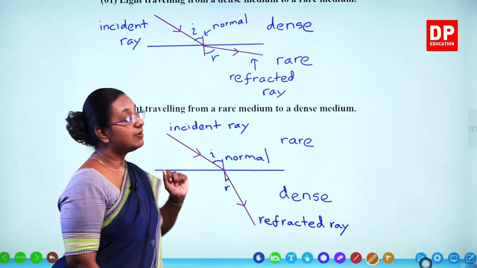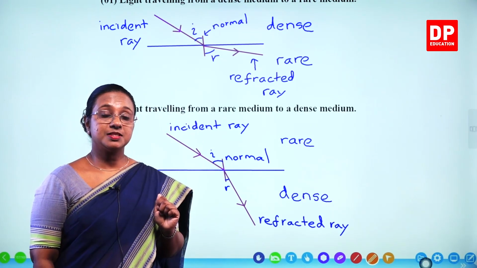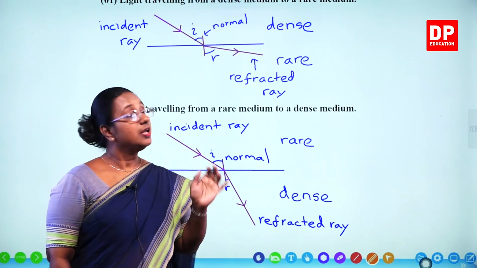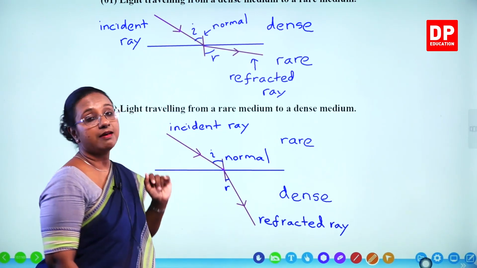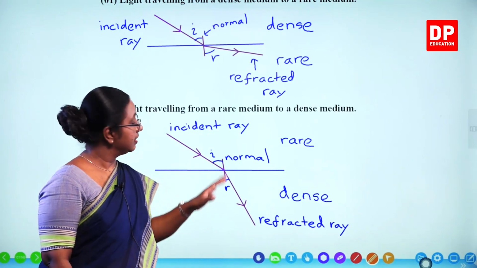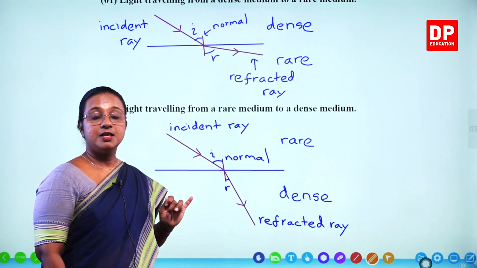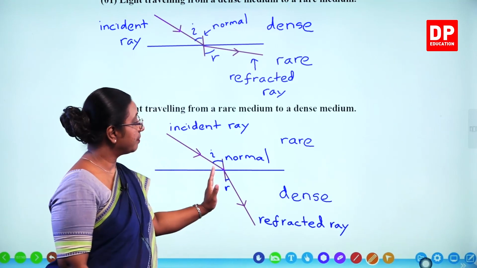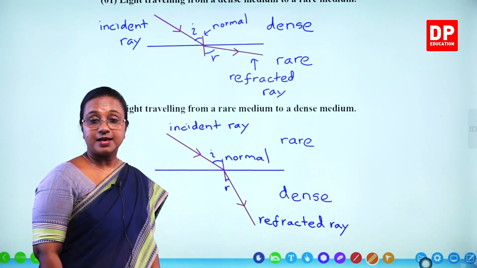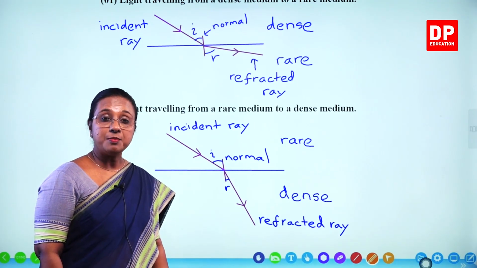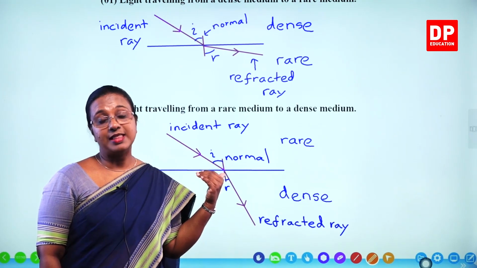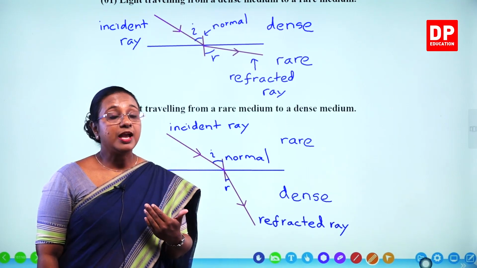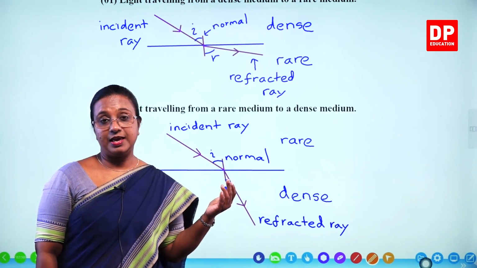Is this the only way you can draw the ray diagrams? No. You can have the denser medium below and the rarer medium above. Same thing for this. Then the ray has to go from here into the second medium. Both are possible. When I explain the lesson, I have shown you all that. So you can use any way.